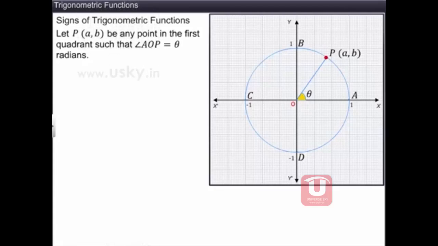Let us now suppose a point Q in the fourth quadrant such that the measure of angle AOQ is also theta radians. However, this angle is negative as it is in the clockwise direction. It implies that the coordinates of point Q are (a, minus b), since the y-coordinate in the fourth quadrant is negative.